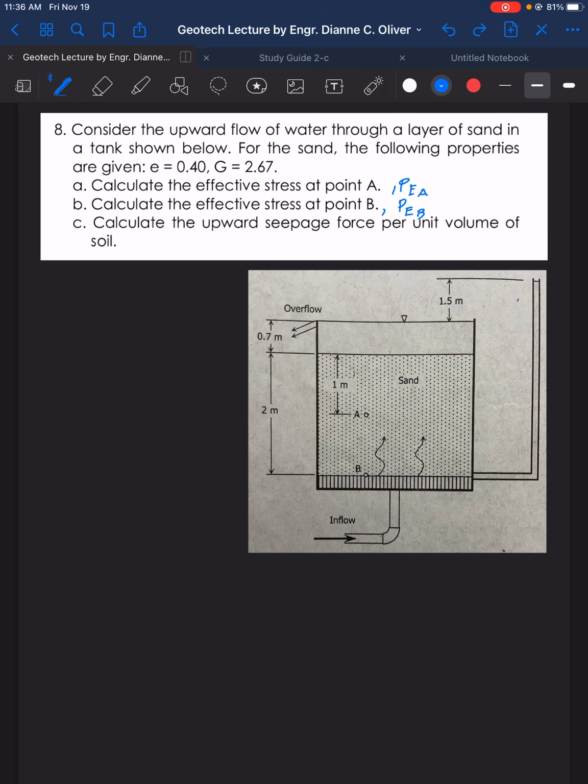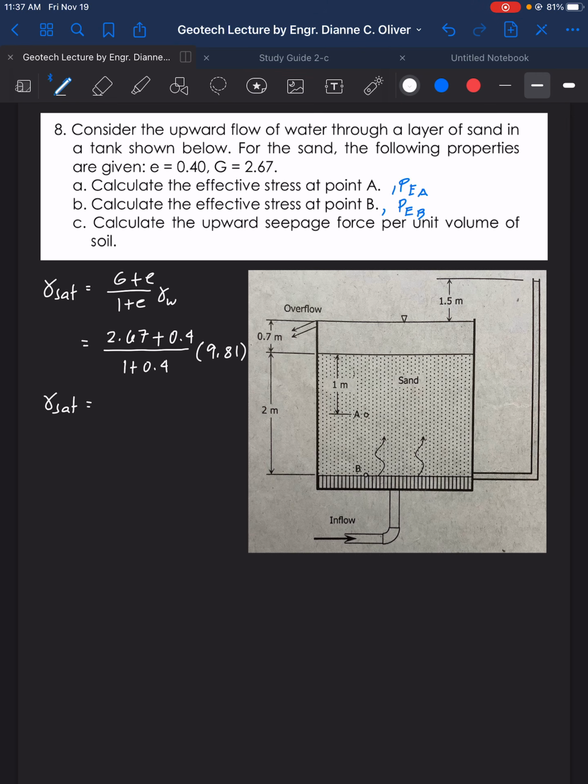So gamma sat is equal to G plus e over 1 plus e, times gamma W. G is 2.67 plus 0.4 over 1 plus 0.4 times 9.81.